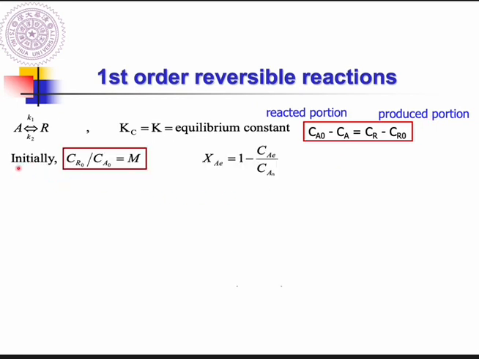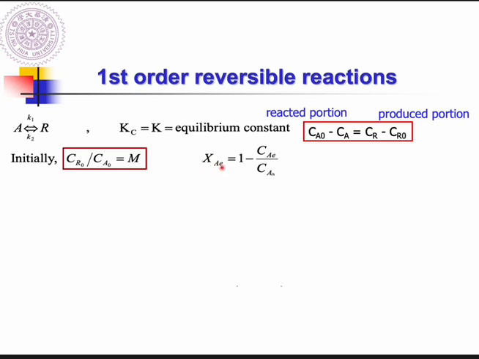Additionally, we want to highlight the initial concentration of the reactants and products. So Cr0 divided by Ca0 equals M. M is actually a constant that can be 1, 2, 3, depending on the initial concentration ratio between the product and the reactants.